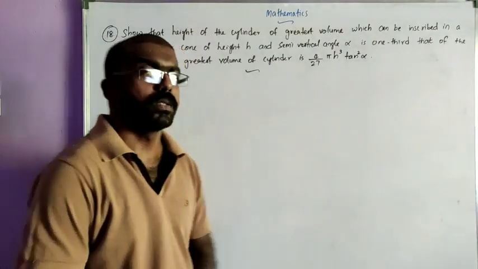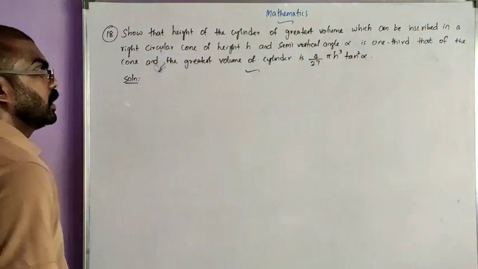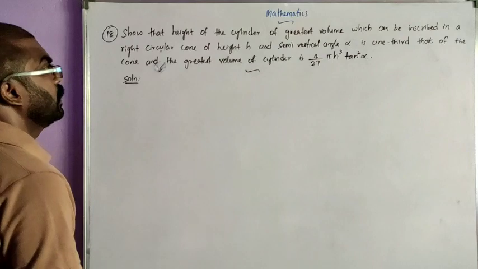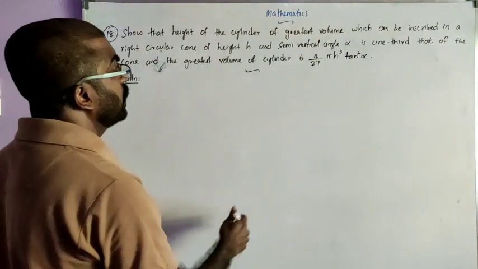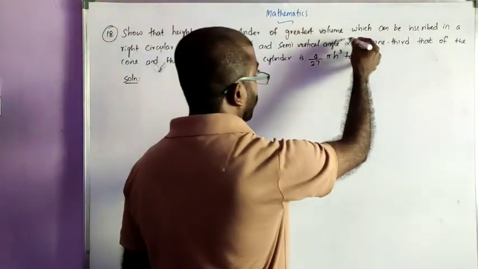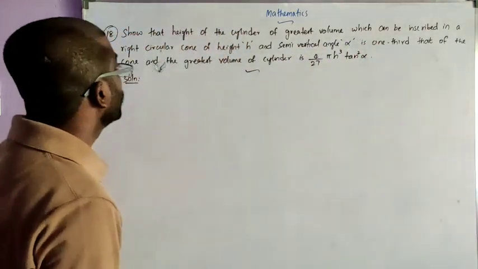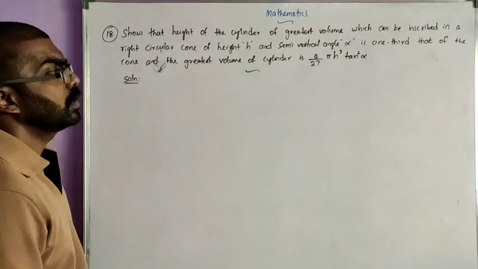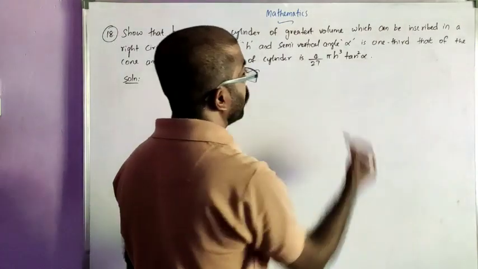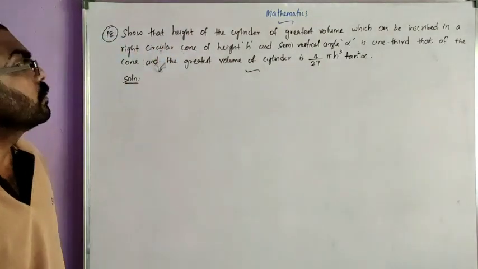Now we move on to the last question. Show that the height of the cylinder of greatest volume, which can be inscribed in a right circular cone of height h and semi-vertical angle alpha, is 1/3 that of the cone, and the greatest volume of cylinder is 4 by 27 pi h cube tan square alpha.